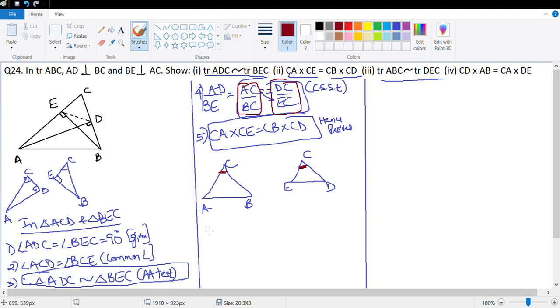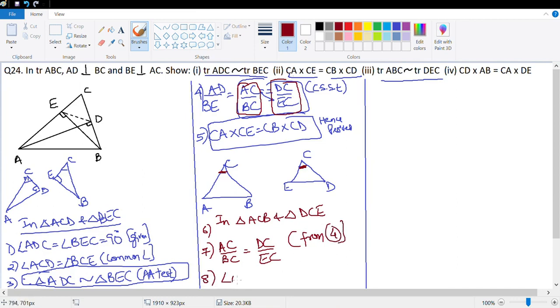So let's just write that down. In triangle ACB and triangle DCE, what we have is AC upon BC is equal to DC upon EC. This is from 4. And number 8 would be angle ACB is equal to angle DCE. This is common angle.